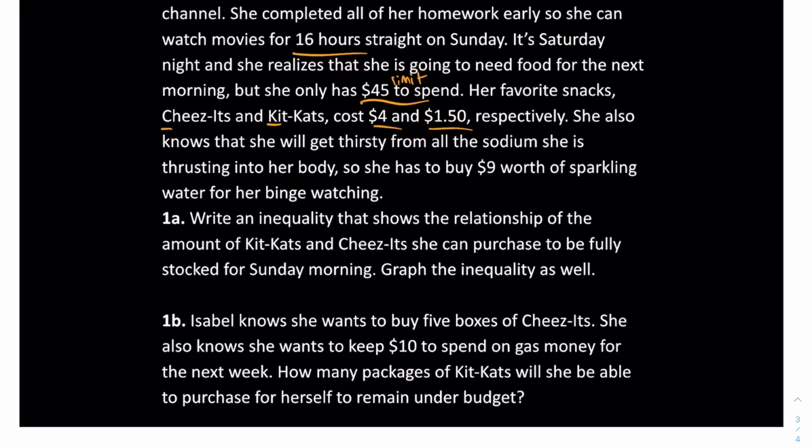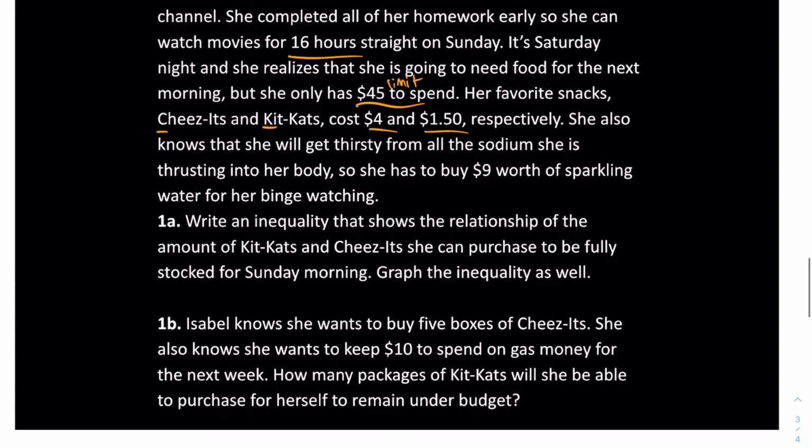Write the inequality that shows the amount of Kit Kats and Cheez-Its she can buy to be fully stocked. Then it says to graph it. Alright, let's write it first. We need $4 for every box of Cheez-Its plus $1.50 for every pack of Kit Kats.